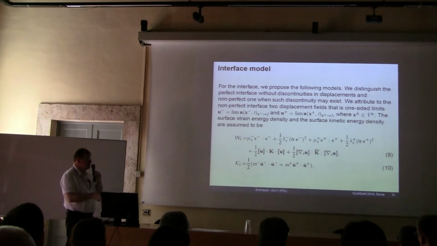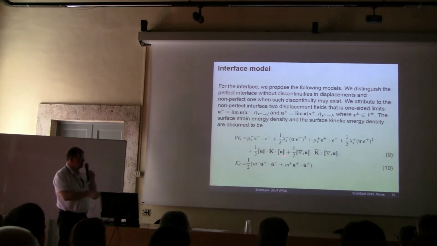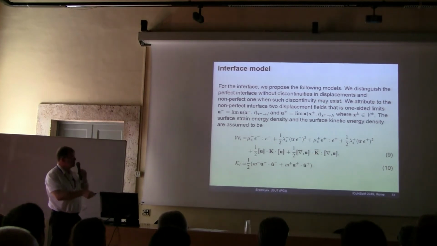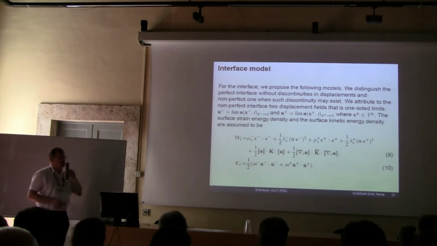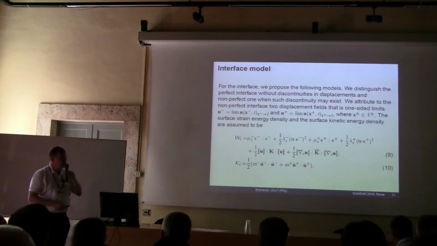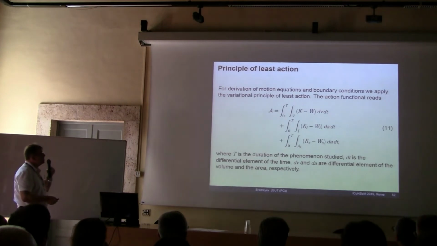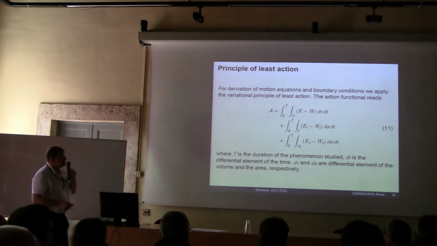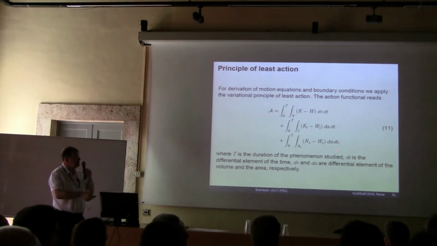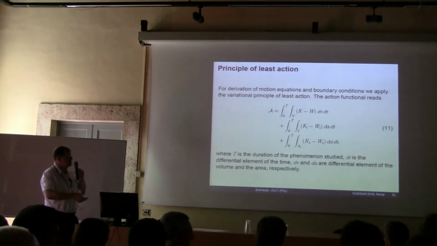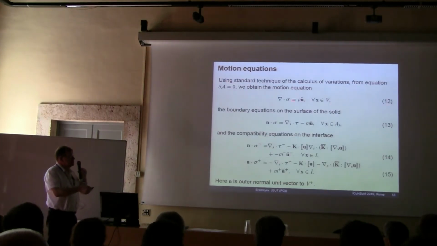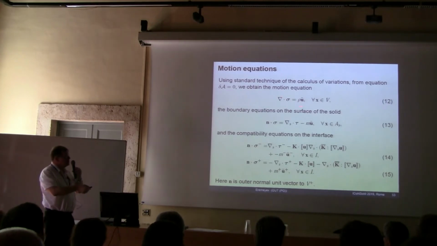In the case of imperfect interfaces, we have some kind of spring model or a more complicated model. This model was proposed by Luca Placidi, probably here, and Rossi and Angelo Amadeo, and the derivation is based on the least action principle. You have all the ingredients, you have the functional, we consider its variation, and finally we obtain, as should be, the equilibrium equation of motion in the bulk.